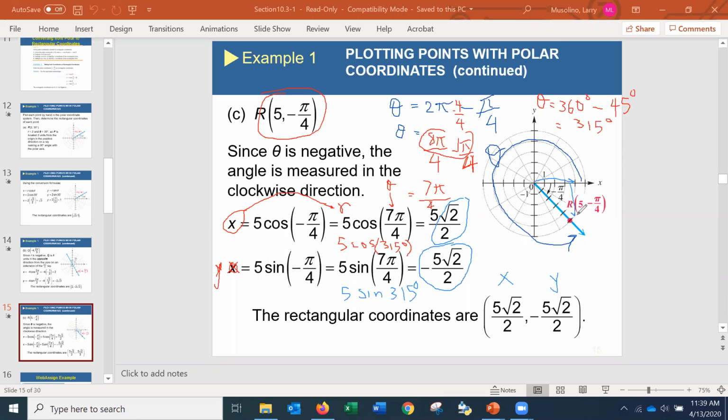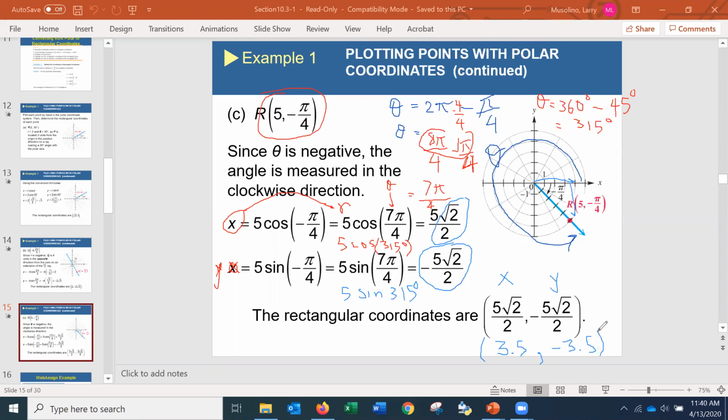So it looks like the positive negative aspect of my answers makes sense. Also, let me just see if my numeric answers make sense. If I work out 5 times the square root of 2 over 2 on my calculator, I get an answer of about 3.5. So if I was to write this as an approximate answer, it would be 3.5 comma negative 3.5.